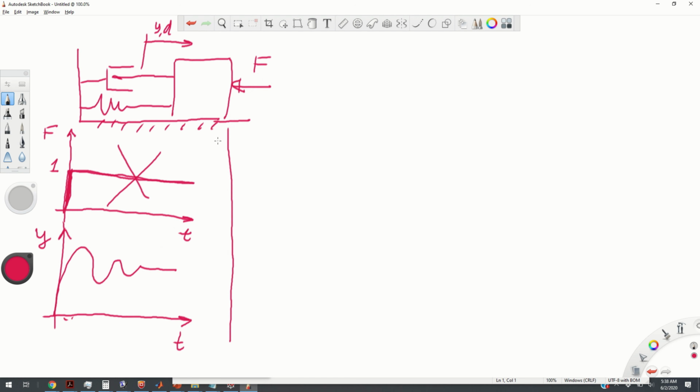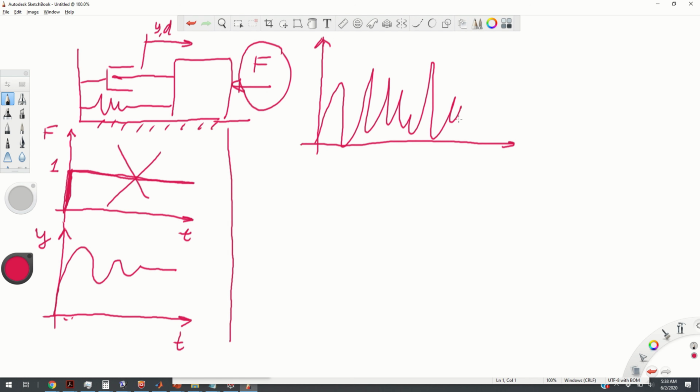So we can tune our input force F. From the learning perspective or from the estimation perspective, it's better to have a force that's random in some sense, that randomly oscillates in time. Because this signal is richer in information compared to this signal.